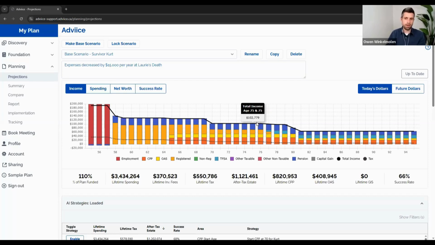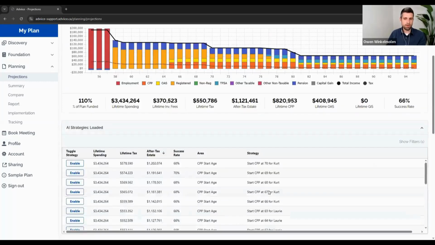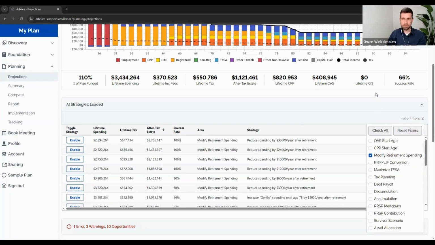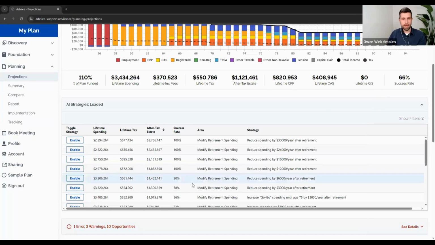In this situation, you might even look at reducing spending. So if it is a very real and big concern that you might pass away significantly earlier than your partner, and based on health or family, that might be a concern, you could also look at the modify retirement spending. So this is almost preemptively looking at, if we want to increase the success rate for Kurt here, do Kurt and Lori need to think about reducing spending even though they don't know that this is a concern yet?